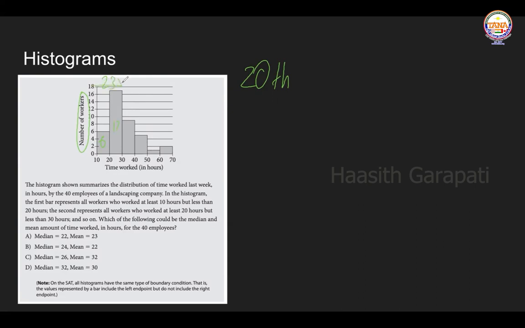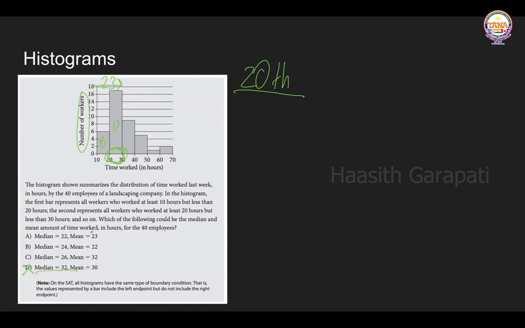So we moved forward by 2 bars, and 23 people make up the first 2 bars. So that means that our 20th value has to lie somewhere within here, the 20 to 30 range. So that means it cannot be D, because that median is 32.